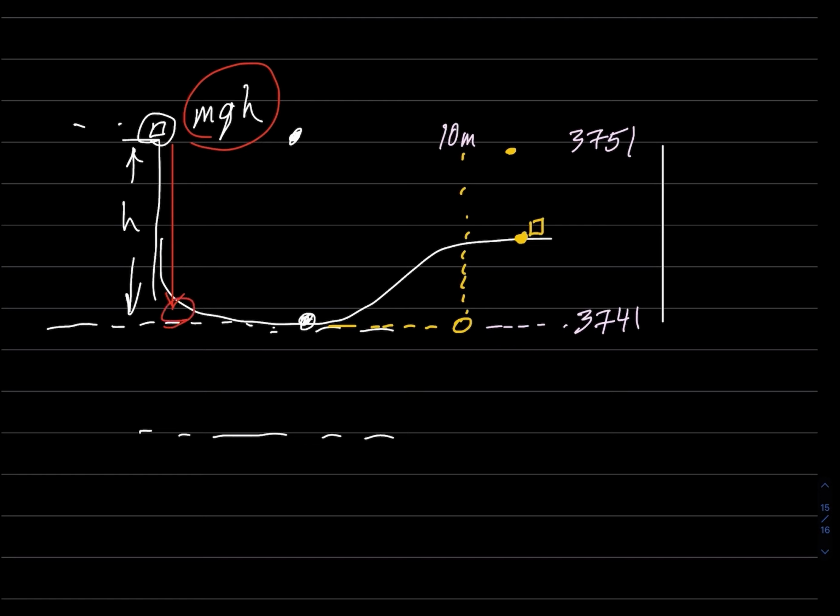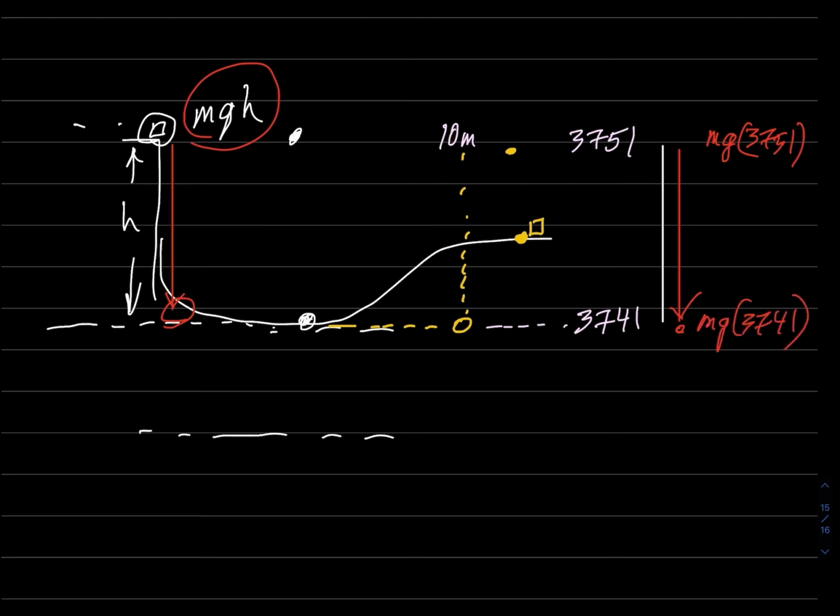Well, if h is 10, we could say that the kinetic energy that the mass has down here is equal to the gravitational potential energy decrease as it fell. So we went from mg times 3751 down to mg times 3741, and we'll get the same answer.